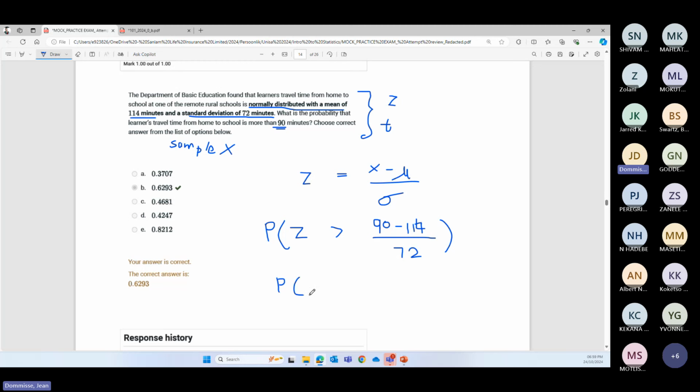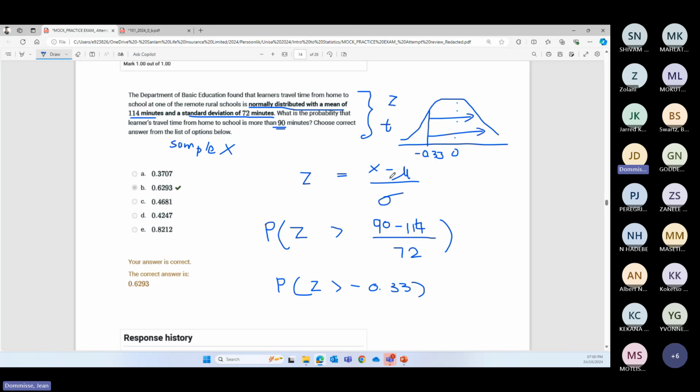Let's hope this is now right. So that is 0.33. So the probability Z, there it is minus 0.33, and bigger than that.